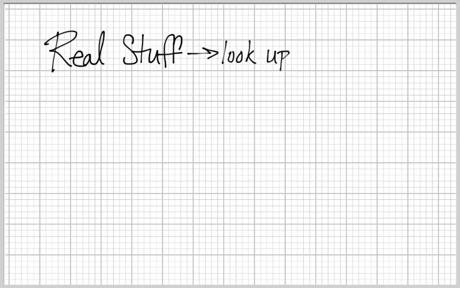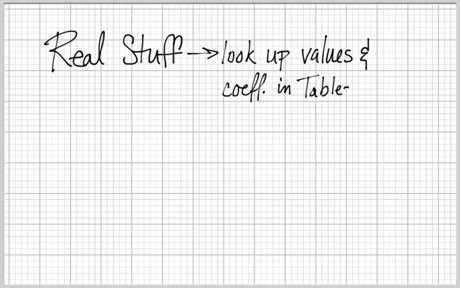Now, in your analyses, in your problem solving, if you go into the real laboratory or you actually are trying to solve a problem mathematically, you want to look up values and coefficients for solving heat capacity, and we find those values and coefficients in Appendix A, tables A2.1, 2.2, and 2.3, where they break up the materials into their different kinds of phases.